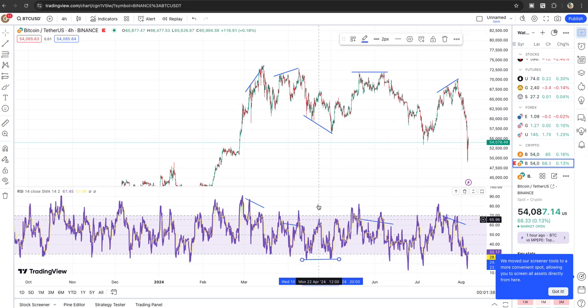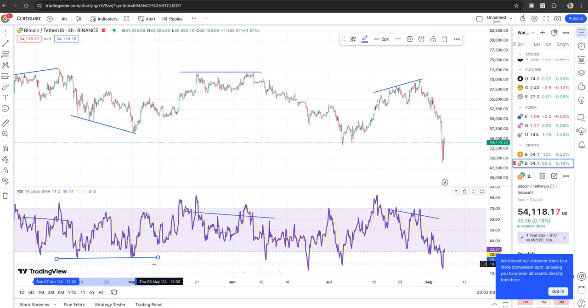So you can see this is the chart, this is the price action. You can see the lower lows here, and in this place you can see a higher low, but it's a very slight movement, not exactly a huge angle.